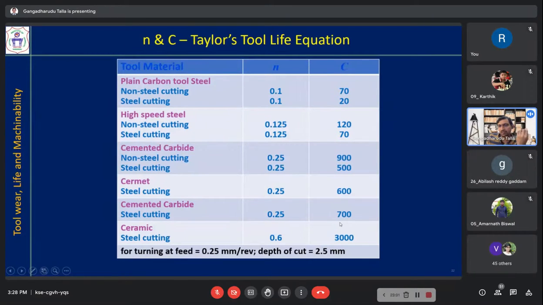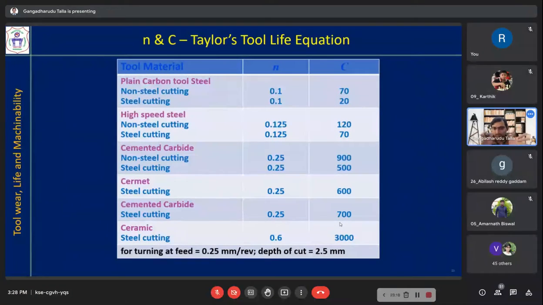If feed and depth of cut vary, the N and C values will also vary.